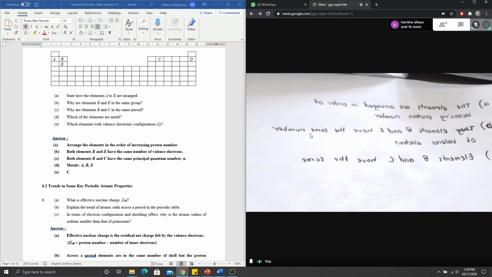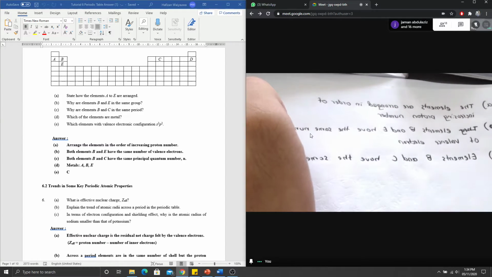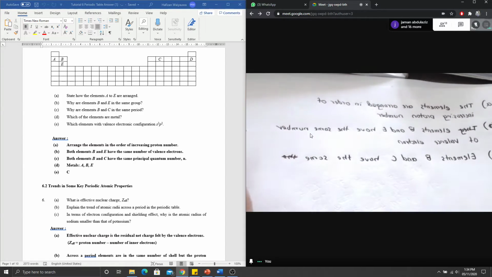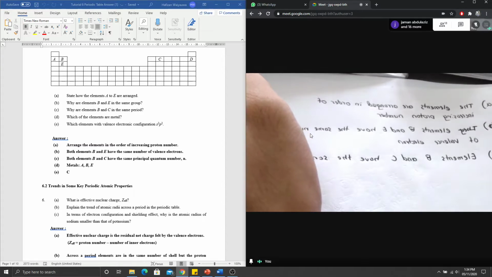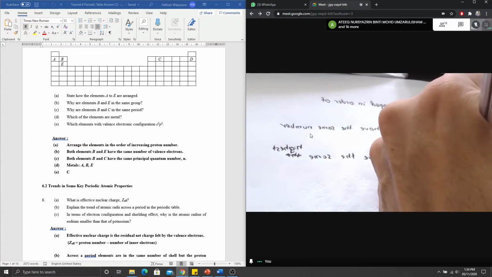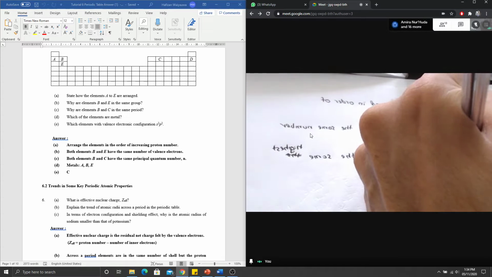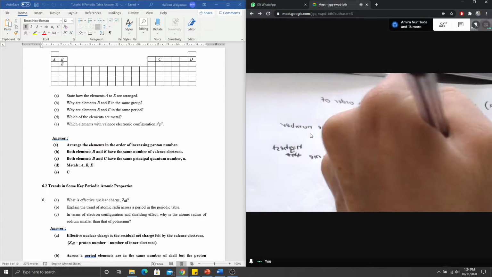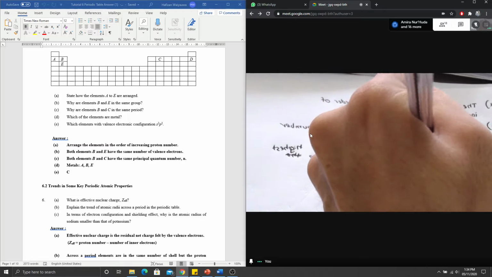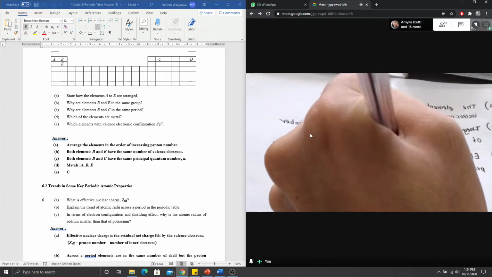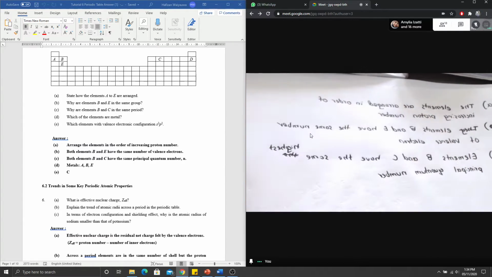Okay, jangan lupa highest. The same highest principal quantum number. Okay, perkataan highest jangan lupa, please.